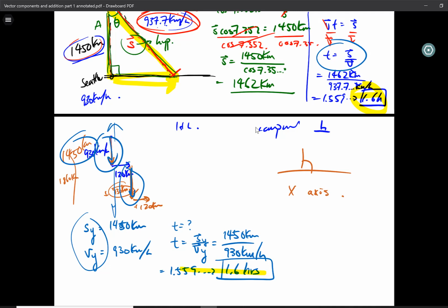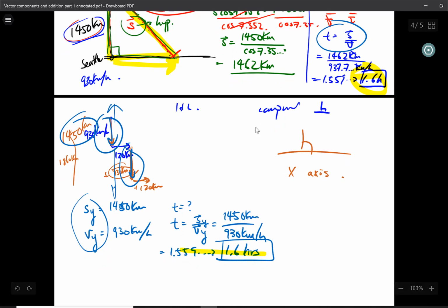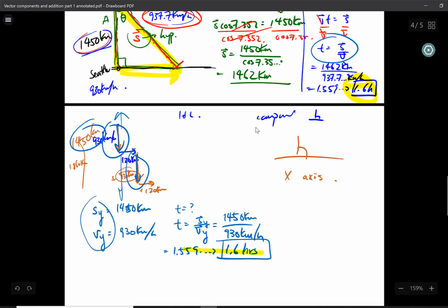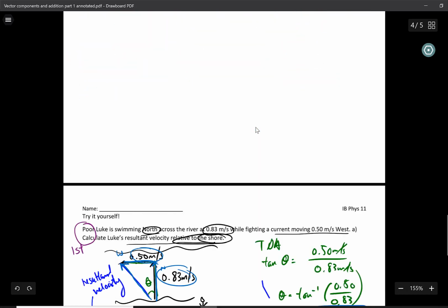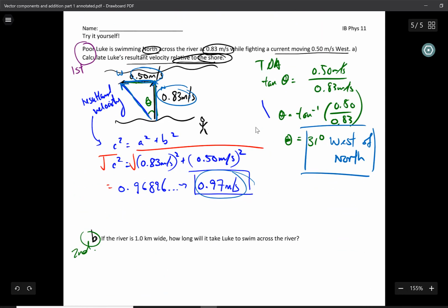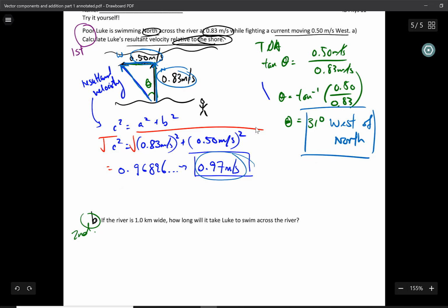So that was the second way of dealing with this question, considering the fact that vectors work independently of one another when they're perpendicular to one another, okay? So using the same kind of reasoning, I would like you to try question B for poor Luke.